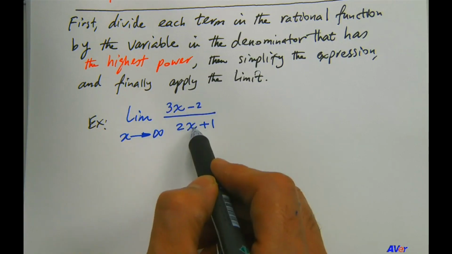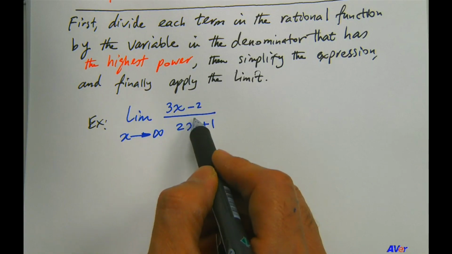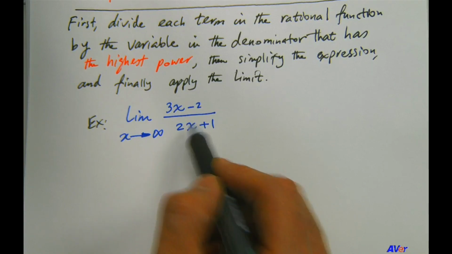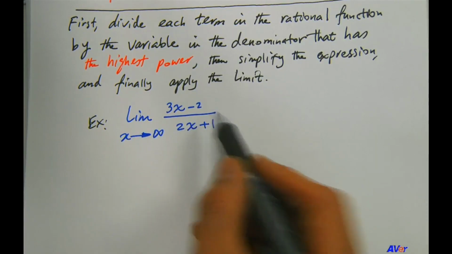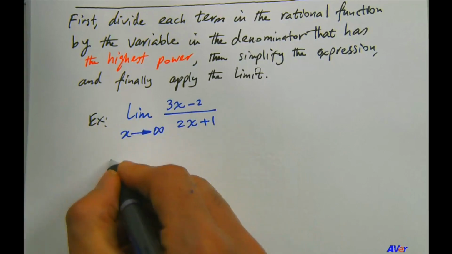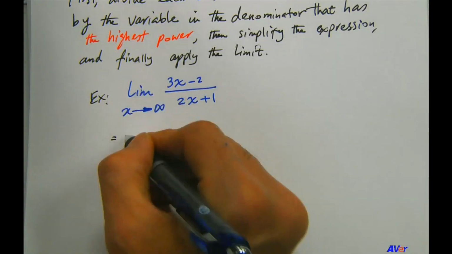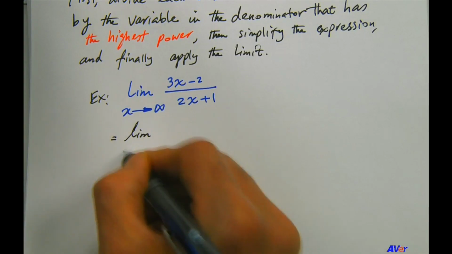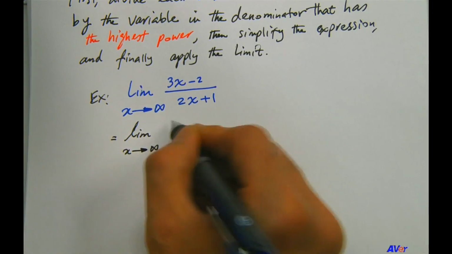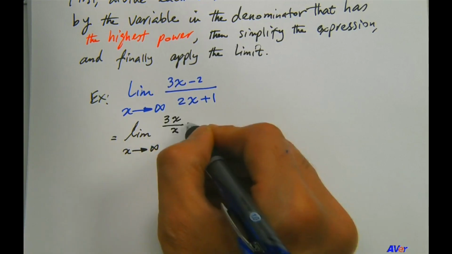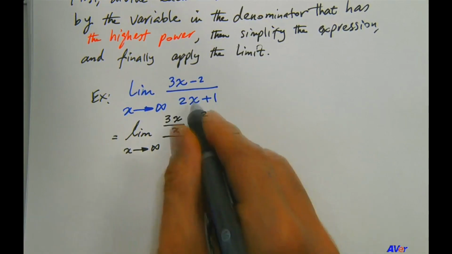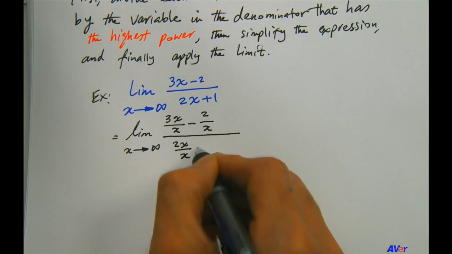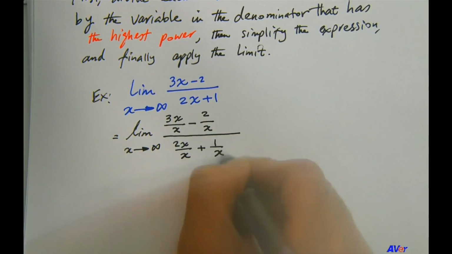Not 2x, but just by x, the highest power it occurs in the denominator. In this case, it's x to the first power. So let's do that. So we have the limit as x approaches positive infinity of 3x divided by x minus 2 divided by x, divided by 2x divided by x plus 1 divided by x.